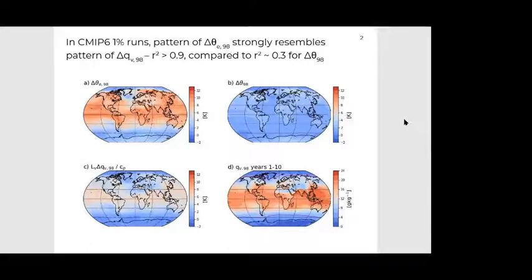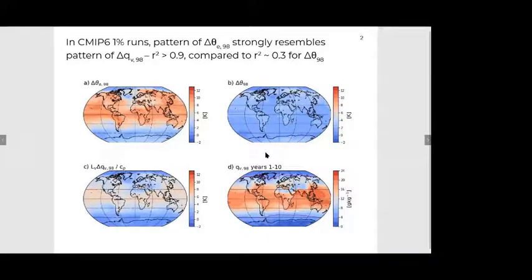And in fact, if you take pattern correlations of these composites, the R-squared value between panel A and panel C is greater than 0.9, whereas it's only about 0.3 for panel B with delta theta 98. And this holds just as well in individual models as in the multimodel composite.